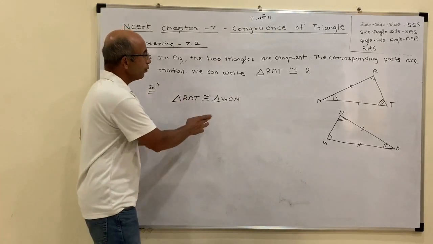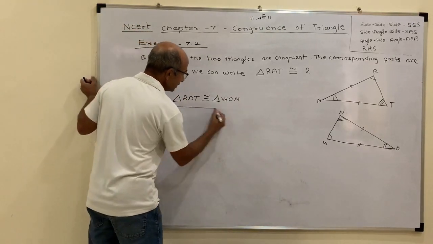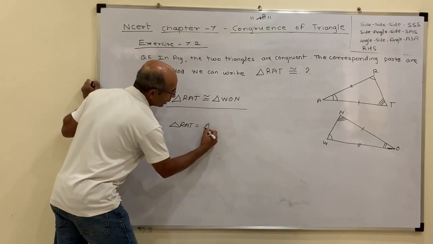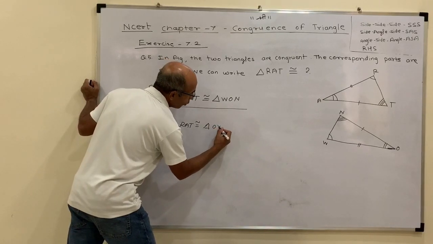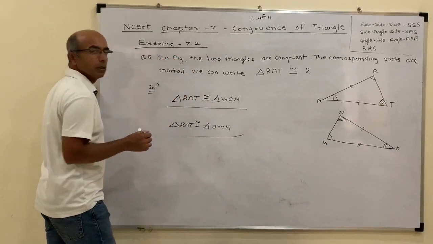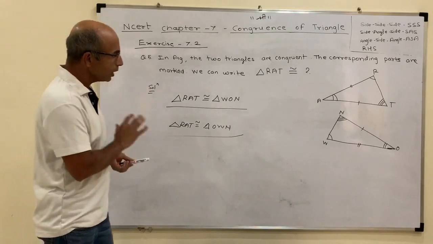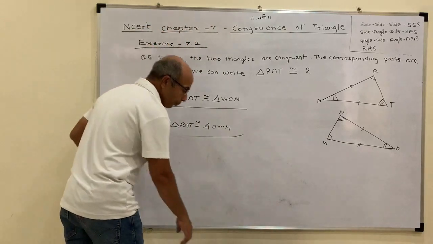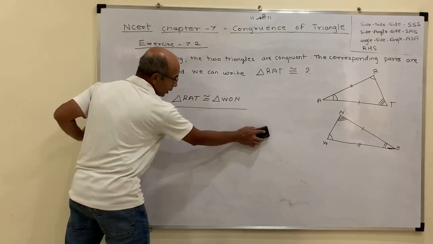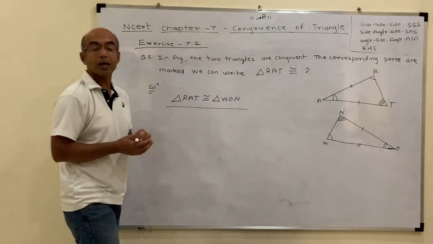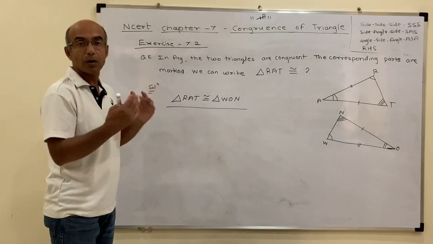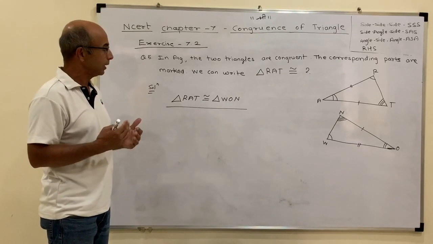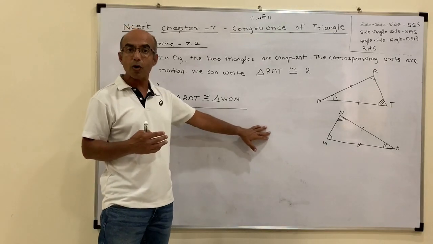So here this is the right one, and if you miss something and say RAT is congruent to OWN, then it's wrong, since angle R is not equal to angle O. So when you write two triangles are congruent, you need to make sure that their corresponding angles, their corresponding sides and their corresponding vertices match. Otherwise, we can't say two triangles are congruent.